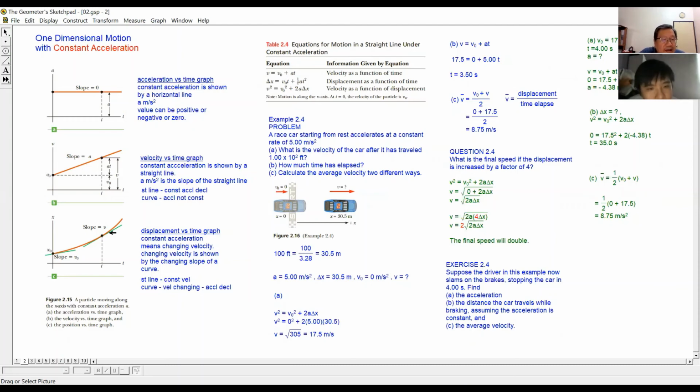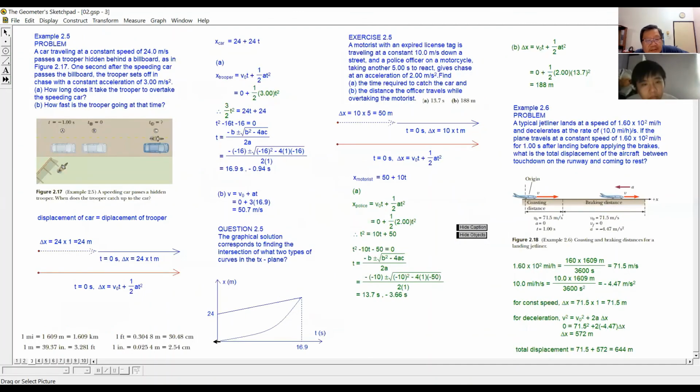Because along this curve, the slope of the tangent is increasing. The slope of the tangent is increasing shows that the velocity is increasing. The velocity is increasing means it is accelerating. So a curve like this shows acceleration.